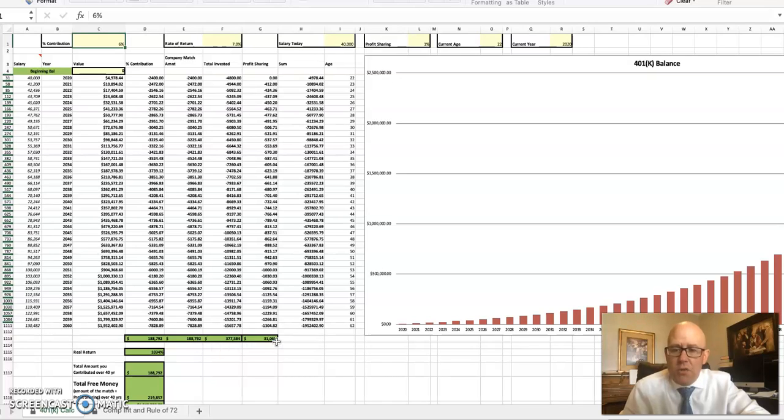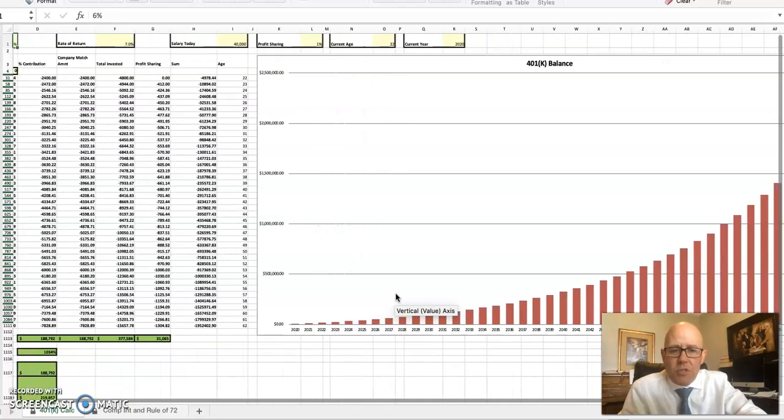If you wanted to, you could have gotten technical and said the company did match, but I didn't grade you on that. So the 188 would have sufficed. Then the next question was, what was the total amount of the investment, principal and interest, after the 40 years? You find that right here in the sum column, and it's $1.952 million.